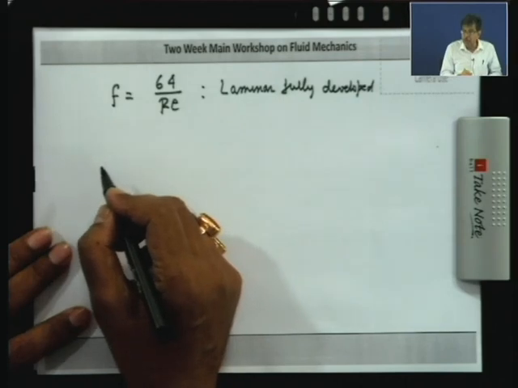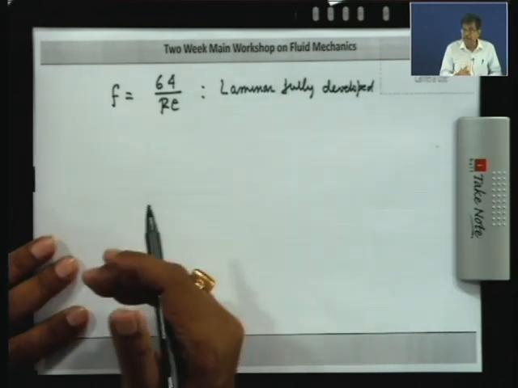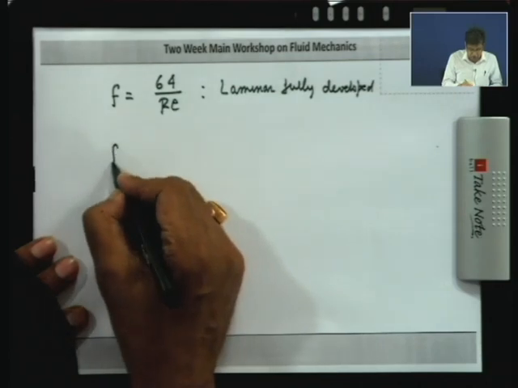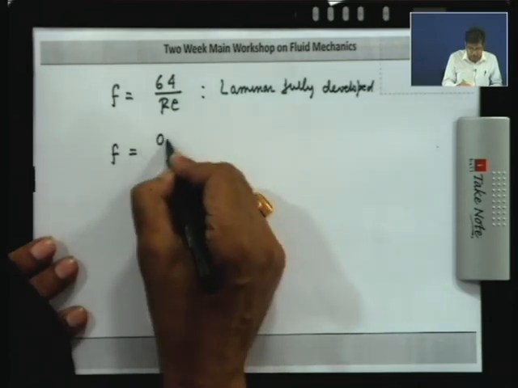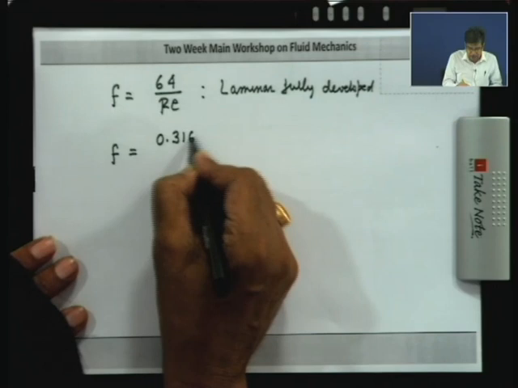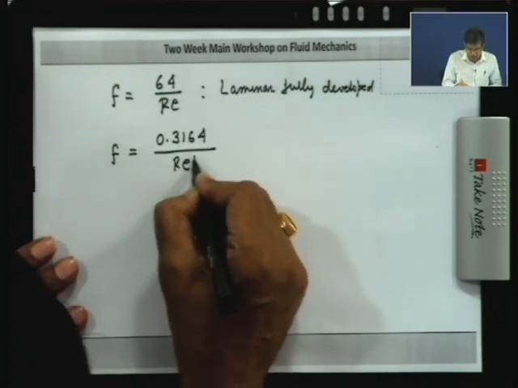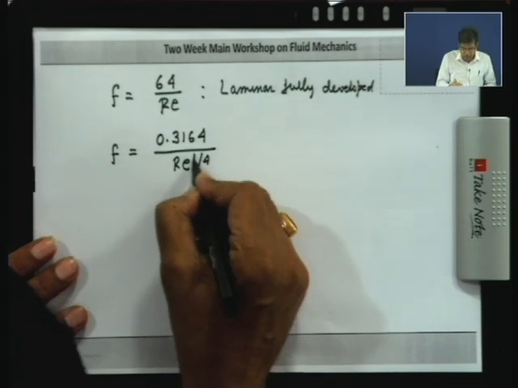Then I told you that a single formula does not work in turbulent flow. For turbulent flow, one important empirical formula sometimes used is F equal to 0.3164 divided by Re to the power 1/4.